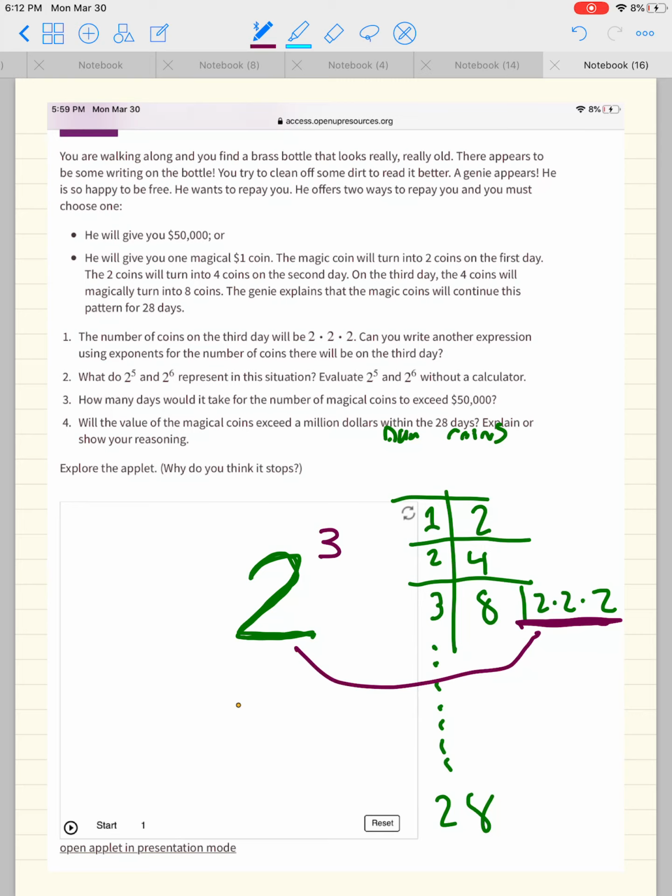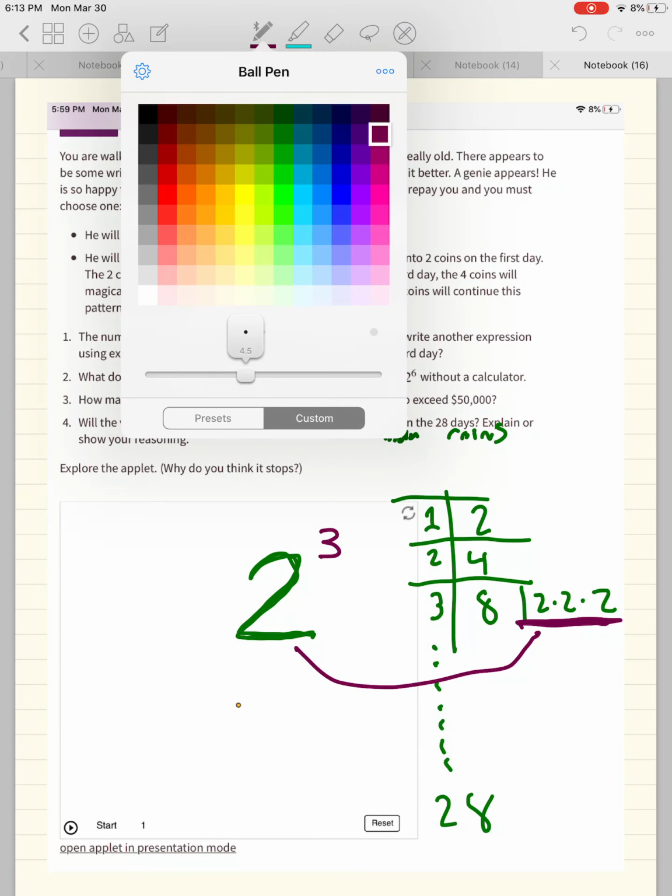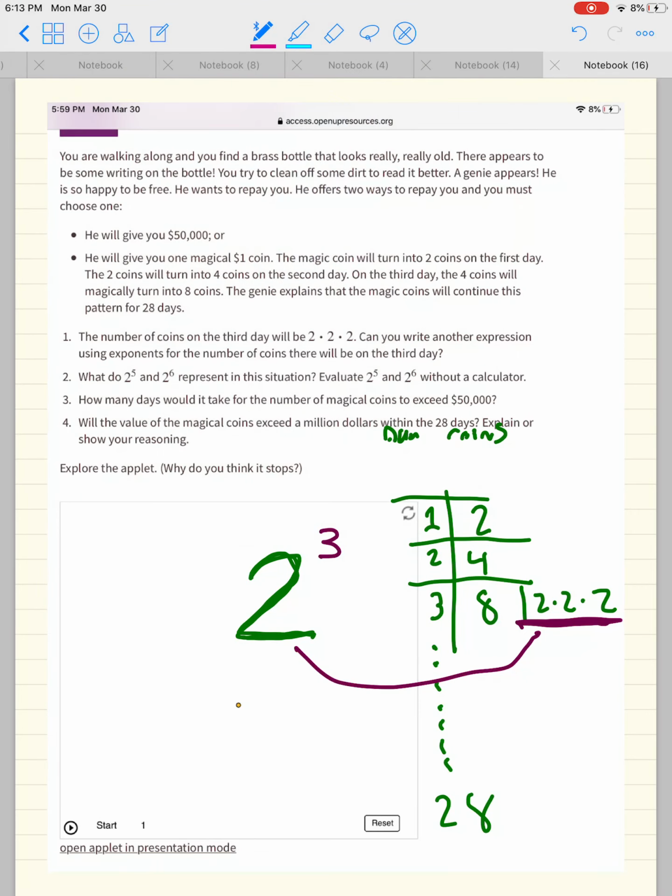Now, it's really important that you note that that does not mean 2 plus 2 plus 2 or 2 plus 3. 2 times 3. It does not equal that. It's equal to 2 times 2 times 2. Okay? All right. So that's an exponent for the third day.